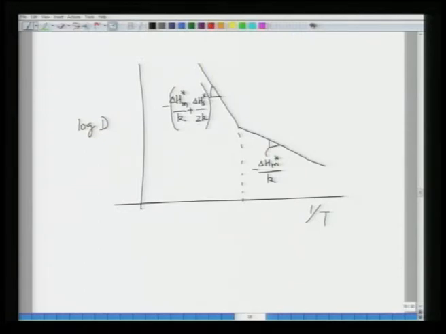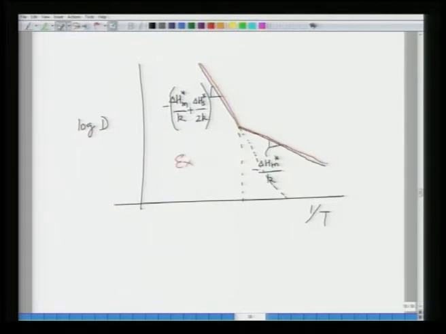This will be the activation energy, and if you extrapolate this curve somewhere here, this will be the intrinsic line and this is your extrinsic line. So if I now represent the overall behavior, the overall behavior would be like this.